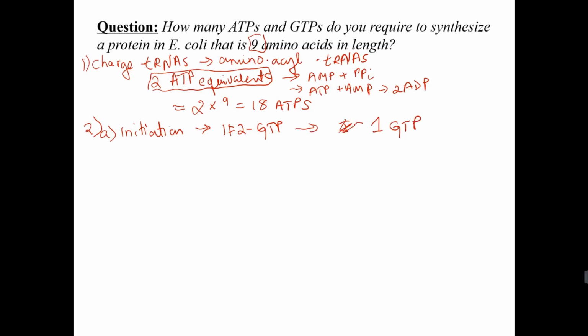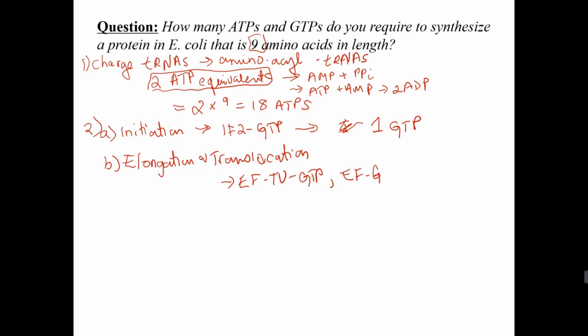For elongation and translocation, we need EF2, which again is another protein molecule that's bound to GTP. And we also need EFG. That's the translocase, which is also bound to GTP.